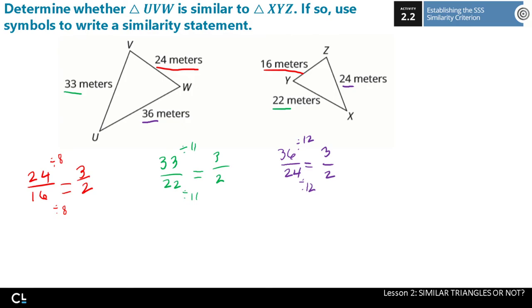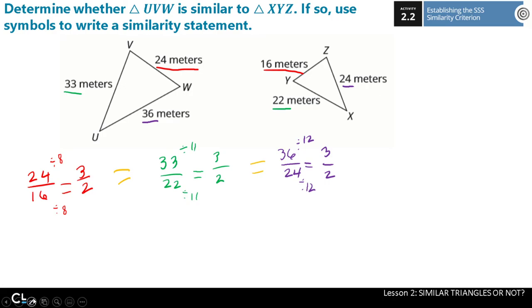But the major thing here is when we simplified each of these fractions, it gives us 3 over 2, which means that all of these are proportional. They're all equal. Let me do that in a different color, right? They're all equal.